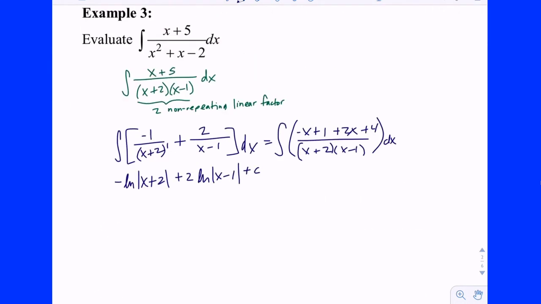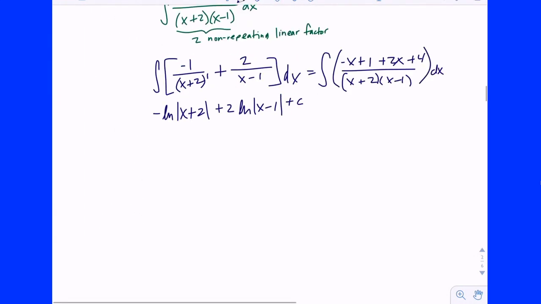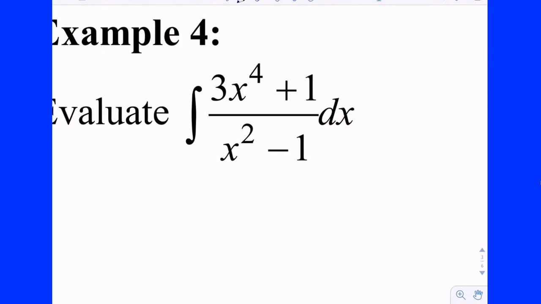If you notice up here, the degree of the numerator in relation to the degree of the denominator, it was smaller, right? We said if the degree of the top was greater than or equal to the degree of the bottom, what strategy that we've already talked about might we have used? Long division. That's still going to be a priority because the Heaviside decomposition method only works when the degree of the numerator is smaller than the degree of the denominator.